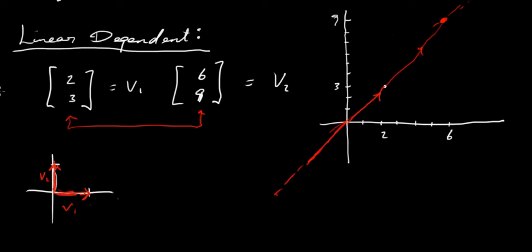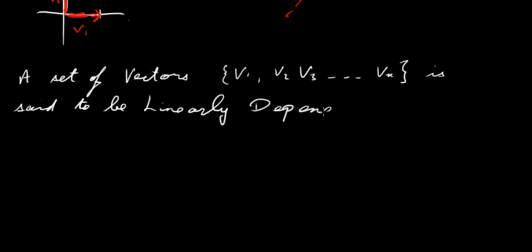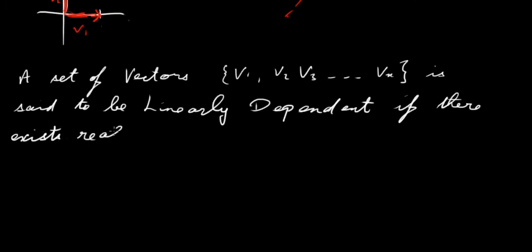So to give you a formal definition then of linearly dependent vectors, we would say that a set of vectors, let's say again v1, v2, v3 and so on up to vn, is said to be linearly dependent if there exist real numbers, and we'll call these real numbers, let's say again, C1, C2, C3 and so on up to, let's say, Cn.